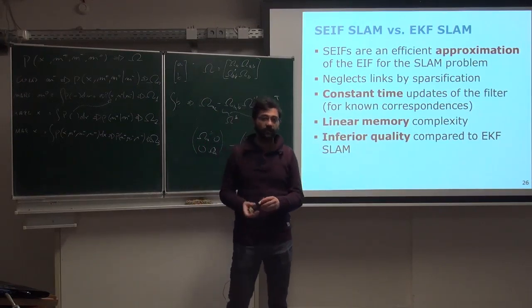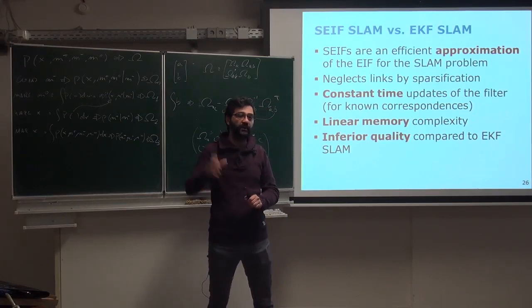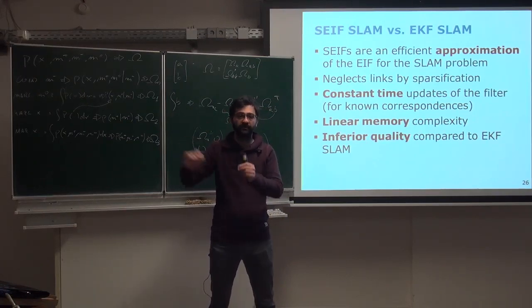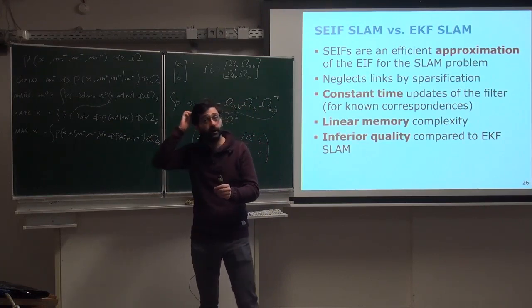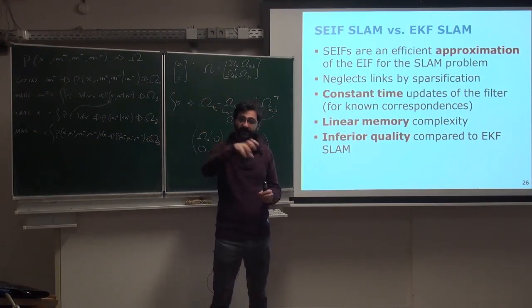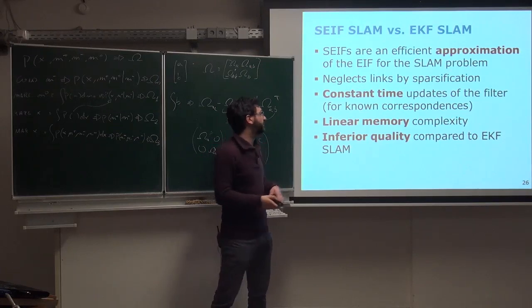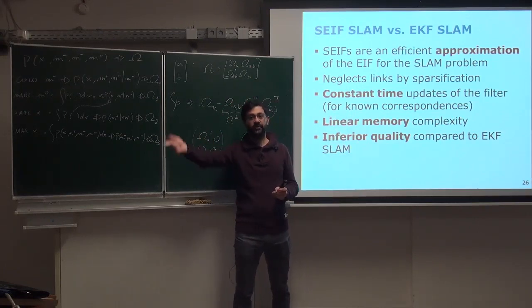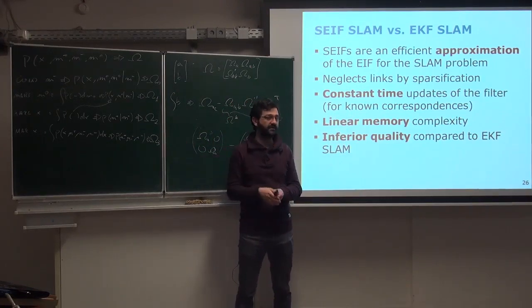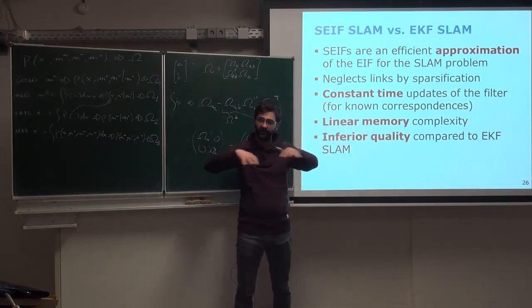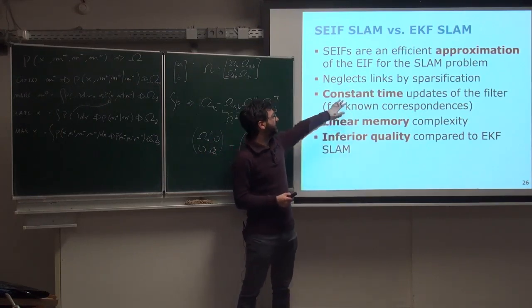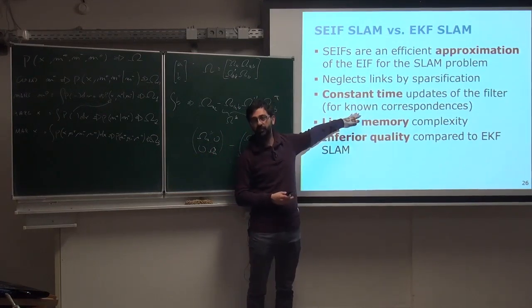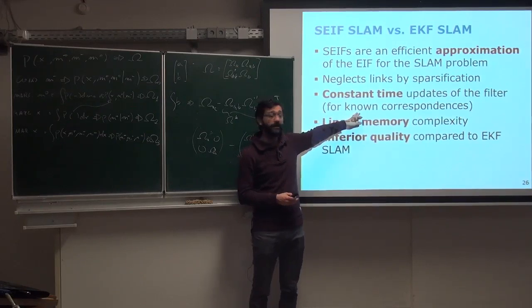We haven't looked at cases where we need to compute the correspondences between the landmarks and the state estimate, because in principle, if you do it naively, you have to check for each variable in your state space if this is the one that you're observing right now. So you have linear complexity. There are better ways which have logarithmic complexity if you build some kind of structure, but let's say it's constant time for known correspondences. That's what you should know right now.